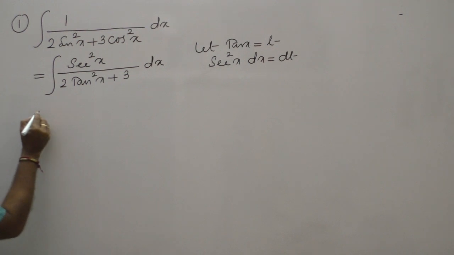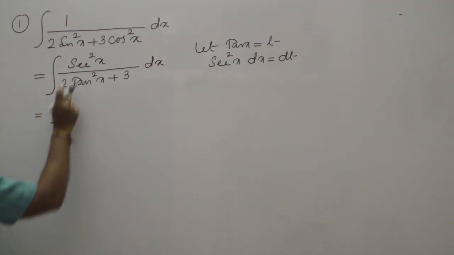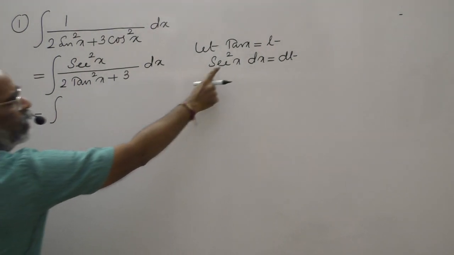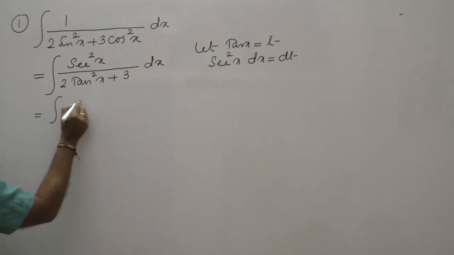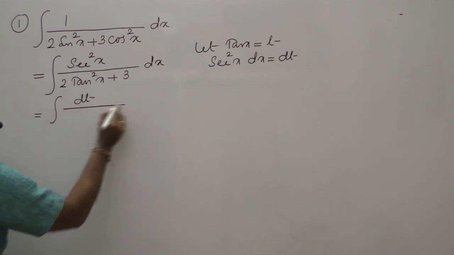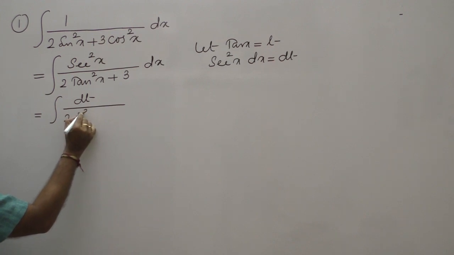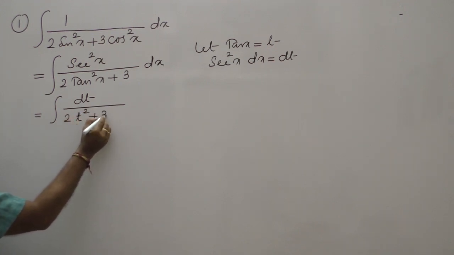I have taken this substitution. Integral of secant square x dx, which is dt, divided by, since we have taken tan x equal to t, 2 t square plus 3.